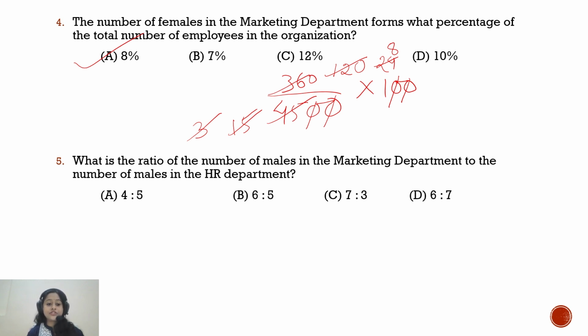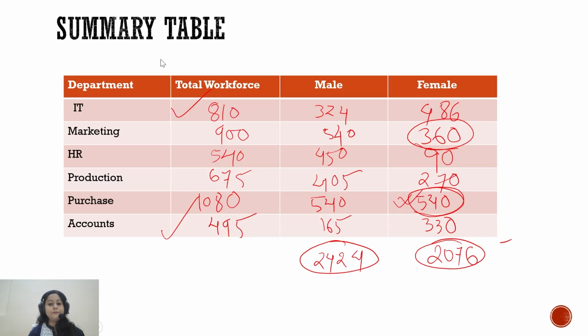And the final question: what is the ratio of the number of males in the marketing department to the number of males in the HR department? Just by seeing the summary table, you can find that males in the marketing department are 540 and males in the HR department are 450.